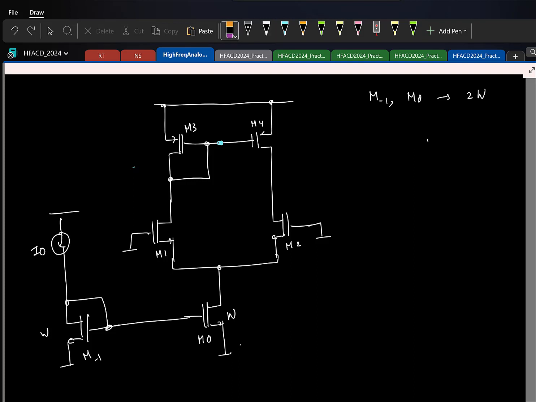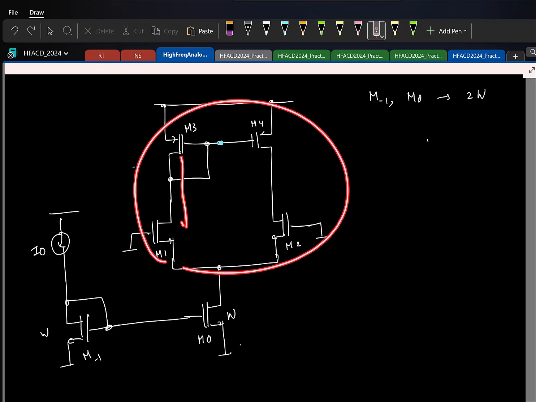What all will change? Why would the current through M0 change? I0 is not going to change. So with respect to the DC operating point, nothing will change here.